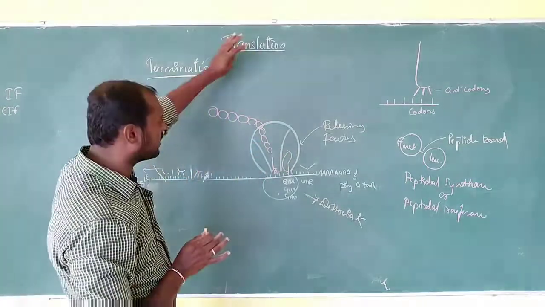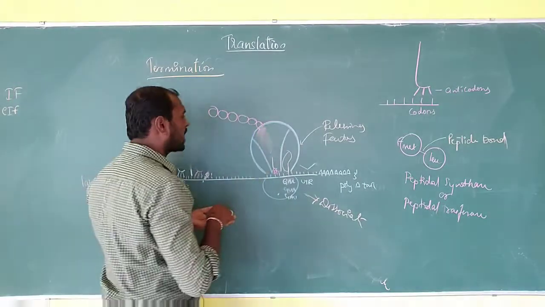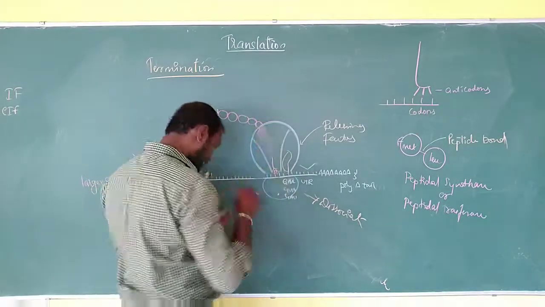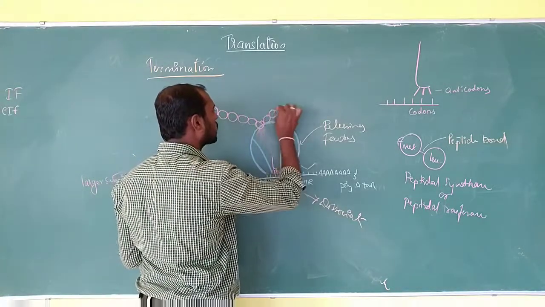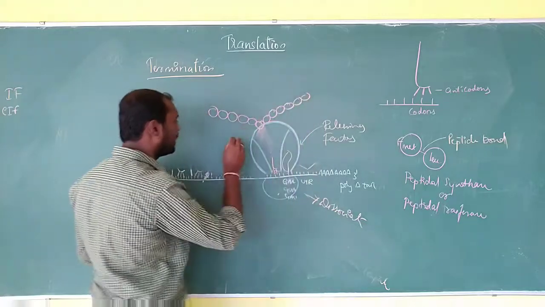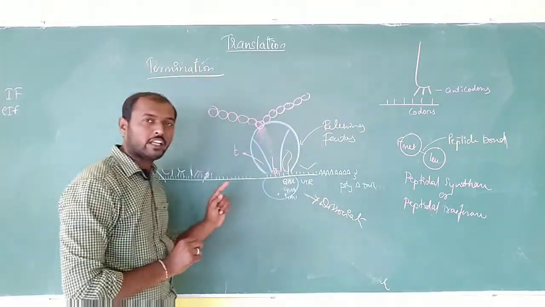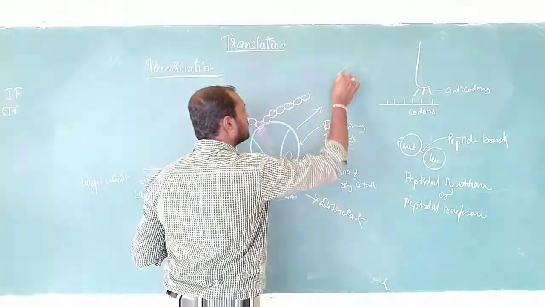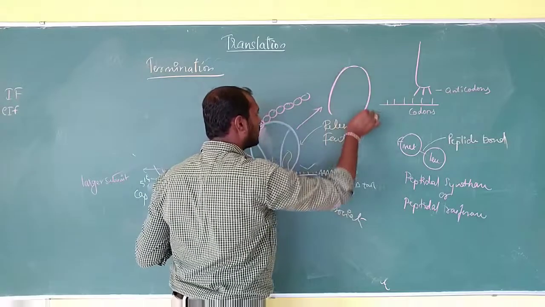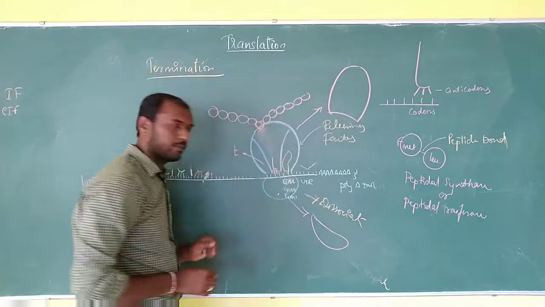Now the tRNA will be released as a free tRNA, and the amino acid chain is released as a free chain. The releasing factors are going to separate the larger subunit and the smaller subunit.